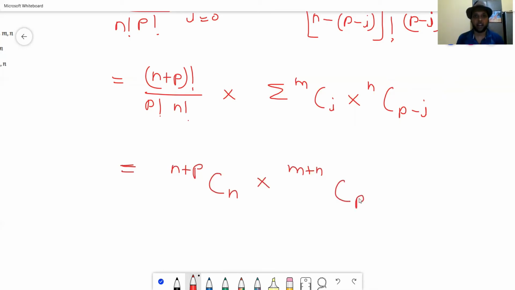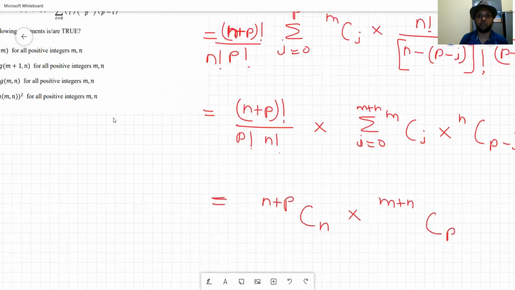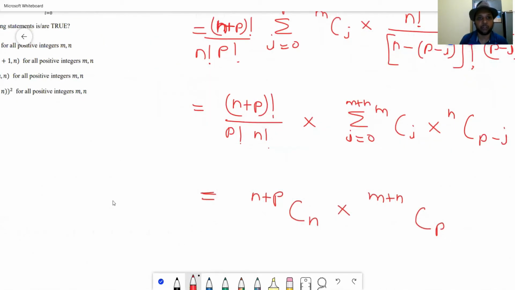Perfect. Everything is so perfect because this i is starting from 0 to m plus n, so we have basically covered all the terms. Now we have finally arrived at the final expression, which was actually f of m comma n comma p.